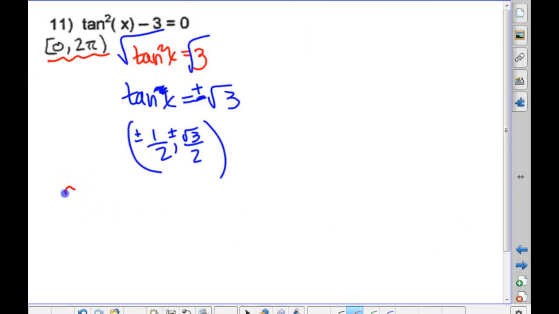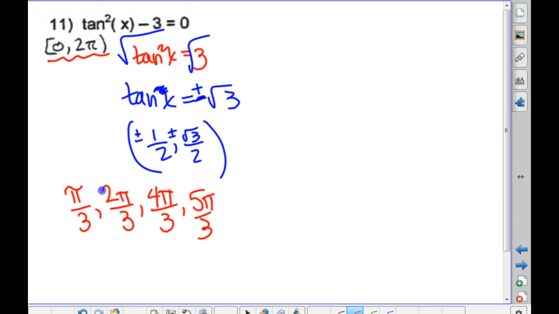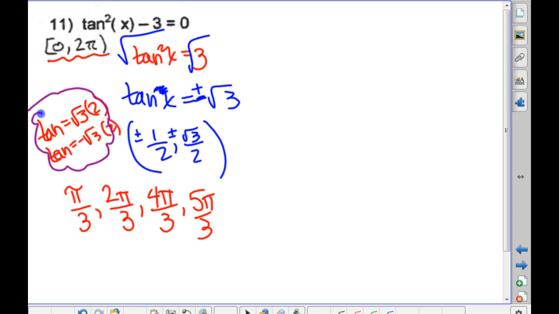What were they again, guys? Pi over 3, 2 pi over 3, 4 pi over 3, and 5 pi over 3. Okay? The tangent is square root of 3 in 2 places, and the tangent is negative square root of 3 in 2 places. That's why we wound up with 4 answers. Does that make sense now?